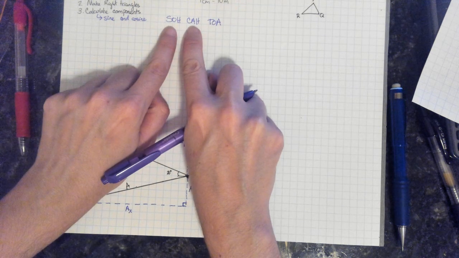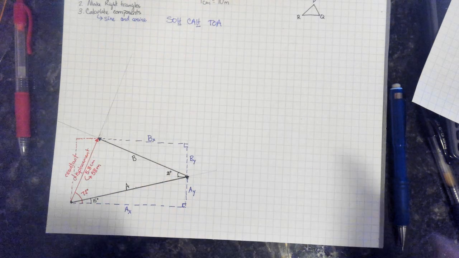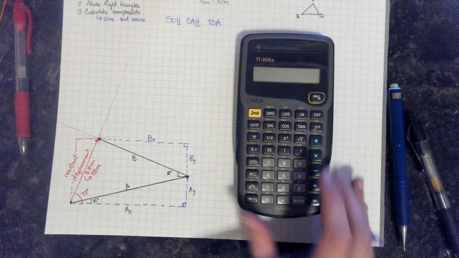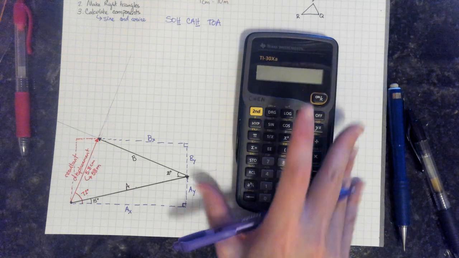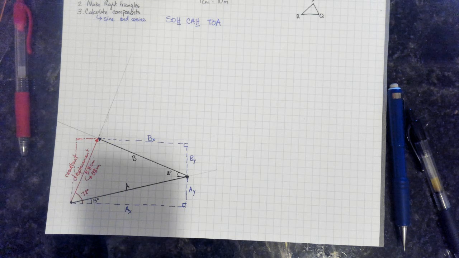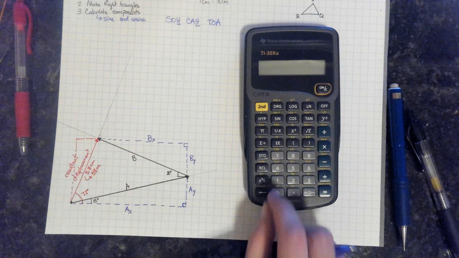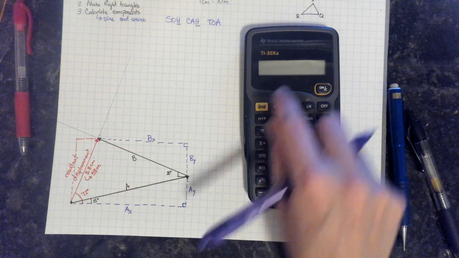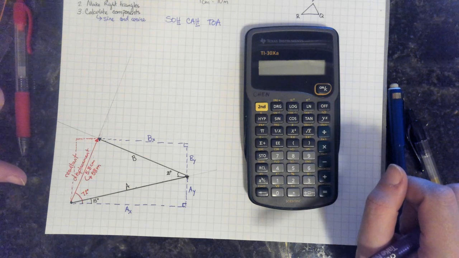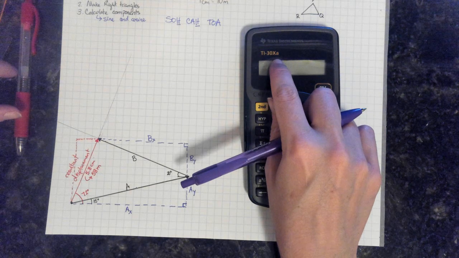Sine and cosine have the hypotenuse in their equation. Now, I'm going to use my calculator. It's old and beat up, probably older than my son, because I had this in high school. This is my high school calculator that I used to get me through high school physics. So you don't need a fancy TI calculator in order to do high school physics. This is a TI-30XA.